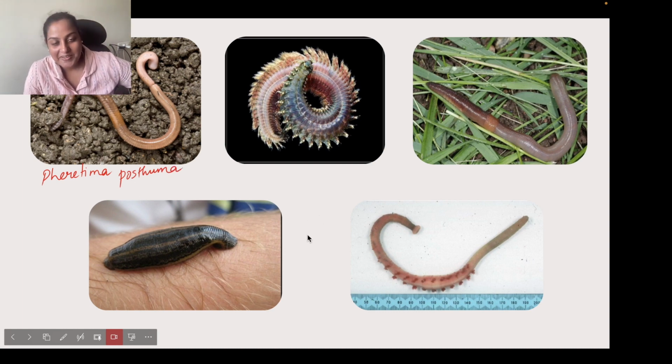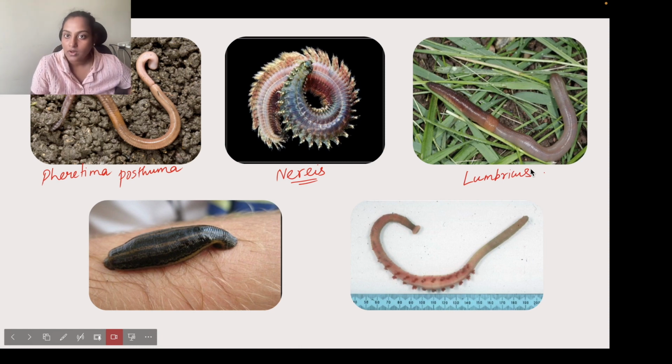What do you think is the second picture? Of course, the Nereis. Right? And the next one, what do you think? So this is called Lumbricus. As you can see, it's terrestrial, right? Almost similar to that of the earthworm.